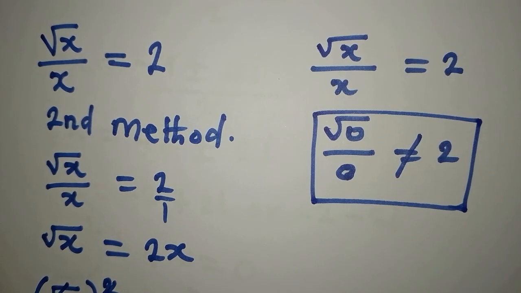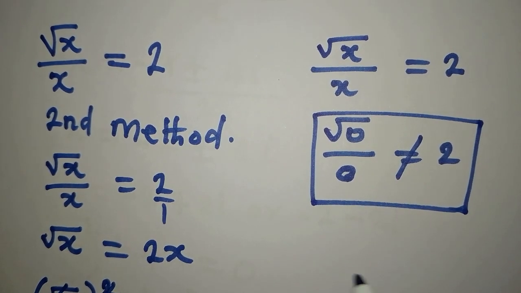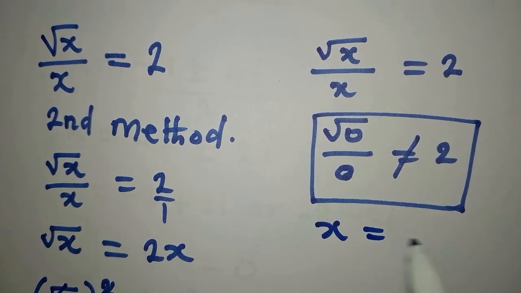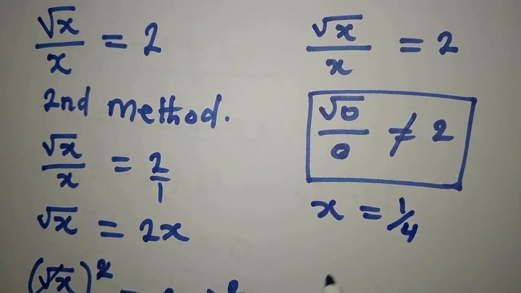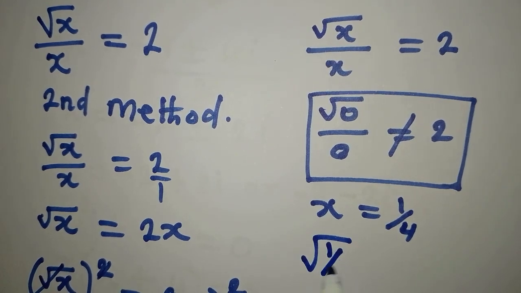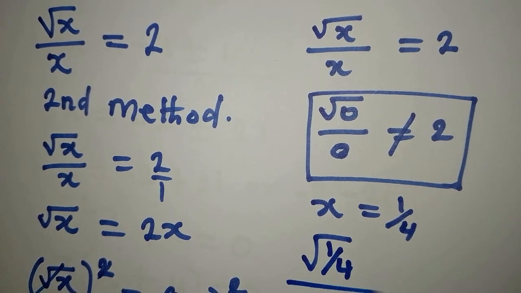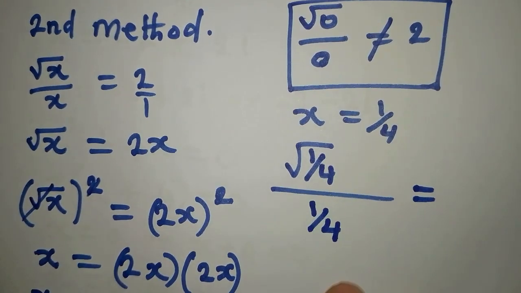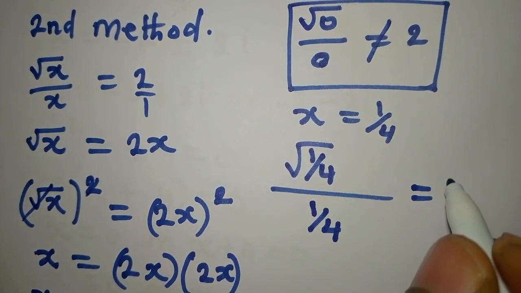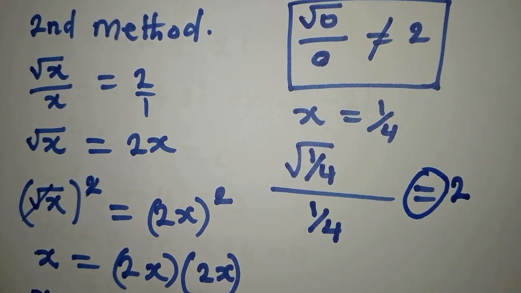Now, let's go straight to the second value of x, which is x equals 1 over 4. So that means in place of square root of x, I write square root of 1 over 4. Then I divide this by 1 over 4. Will this be equal to 2? That is what we do not know.